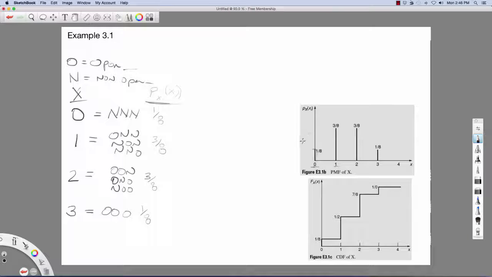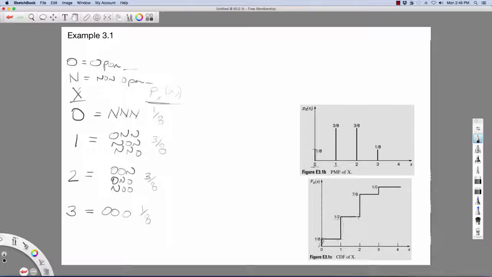We can also plot the CDF, which is the cumulative summation of all of these, rather. So at 0 we have 1/8, so we start here at 1/8, and then we go to 1, and we had 3/8, so 3/8 on top of 1/8 is 4/8 or 1/2.